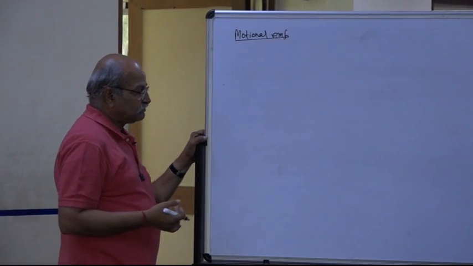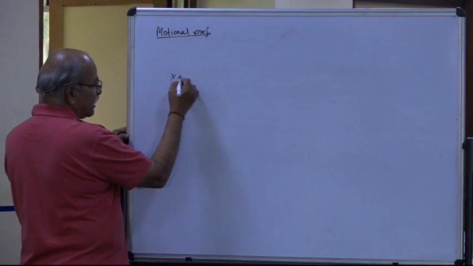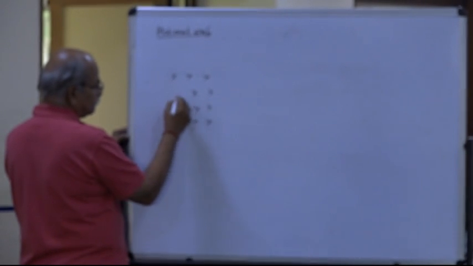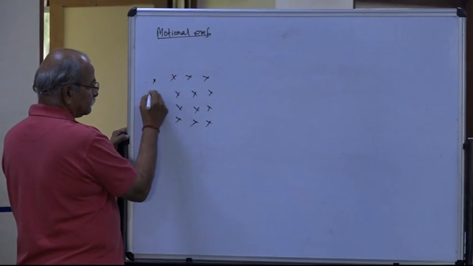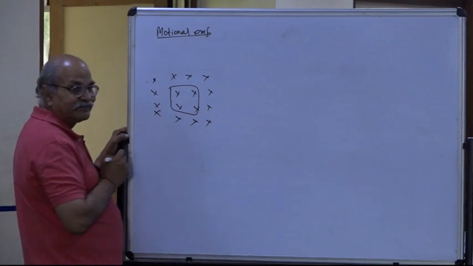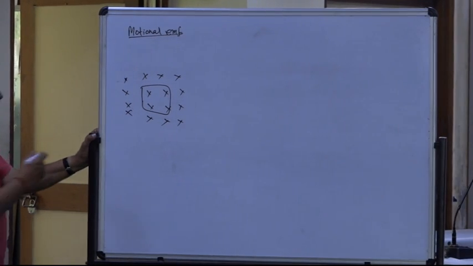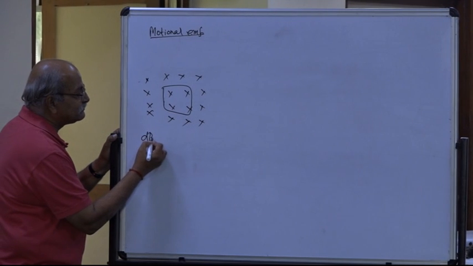Now the second scenario is that you have a magnetic field and you have a circuit, a coil, a loop, and the magnetic field changes with time.